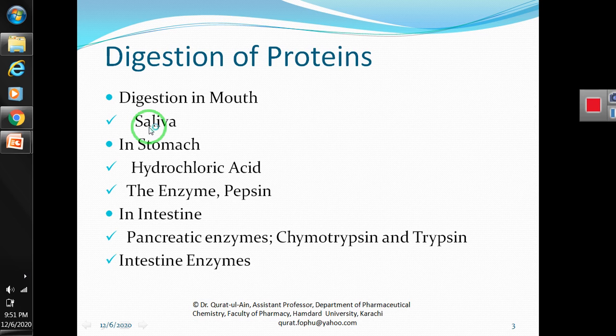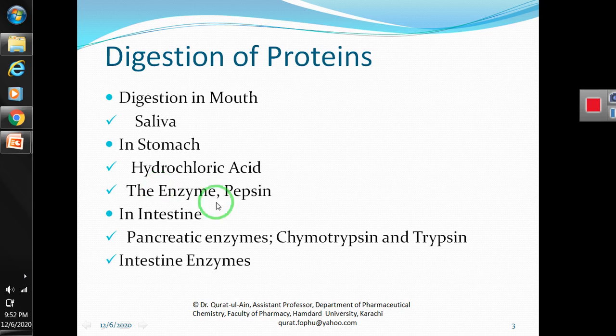In the mouth, saliva helps in this digestive process, and chewing activity of our teeth and the muscular contraction of our jaw in the buccal cavity help with the mechanical digestion of protein.